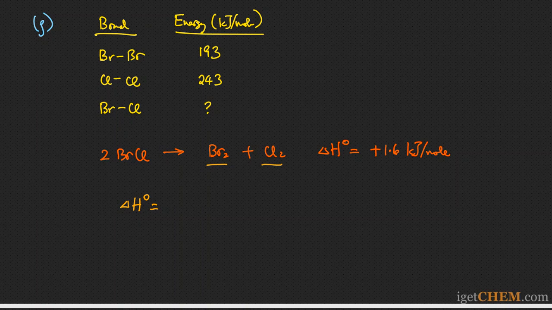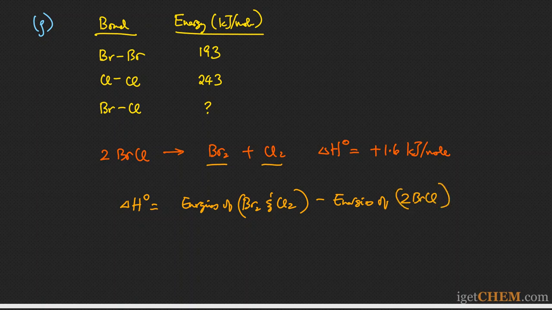So let me just write energies. And subtracted from that, the energies of 2BrCl. Okay. So normally this would have been written as delta H's, right? So this is delta H of the products, and this is delta H of the reactants.